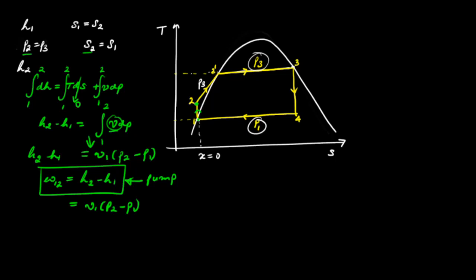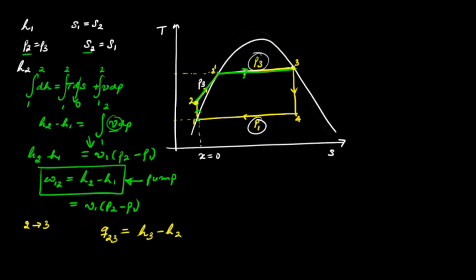Next, we look at this process from 2 to 3, that is heat addition. So the heat addition can be found out by applying the first law again to, let's say, a boiler which takes in the substance at state 2 and the substance exits the boiler at state 3. Then the heat that is added in this process to a unit mass of substance is H3 minus H2.